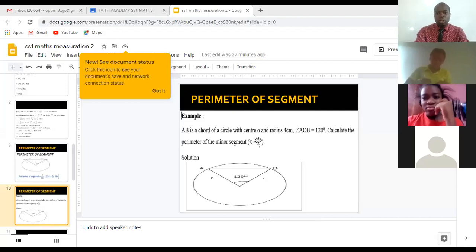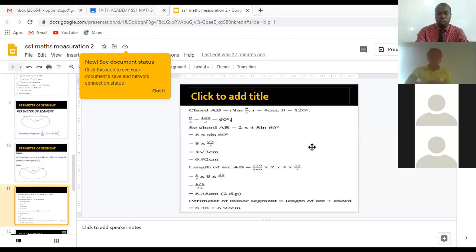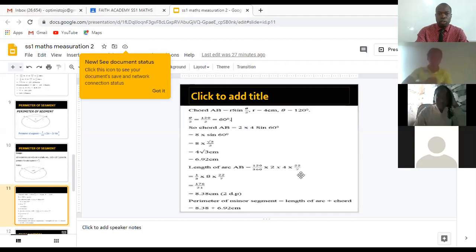So it will give you 2r sine theta over 2. Is that okay?